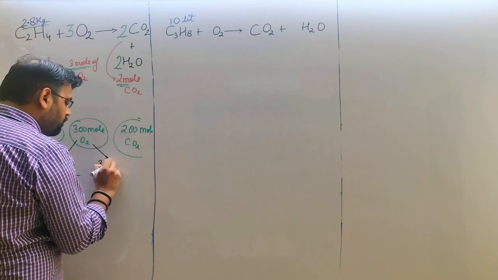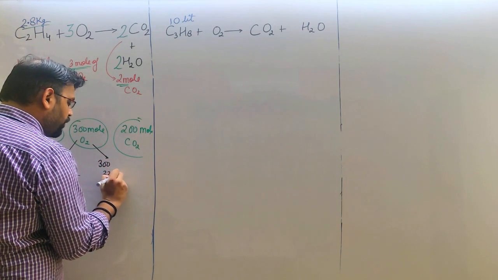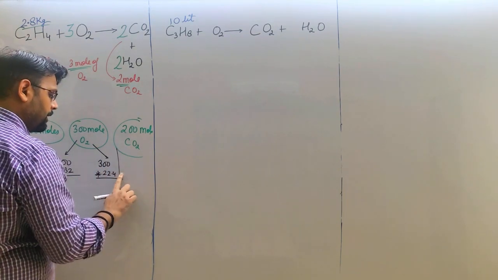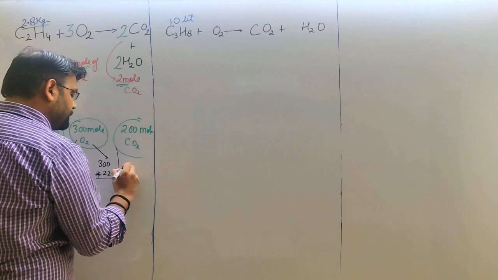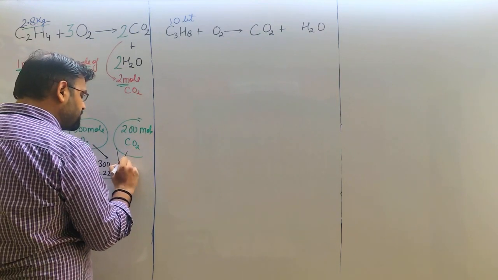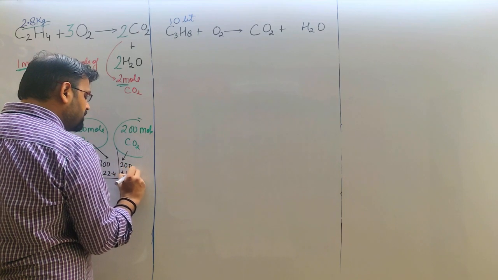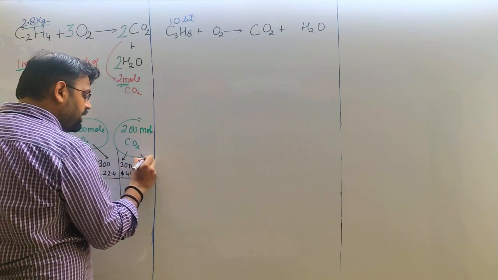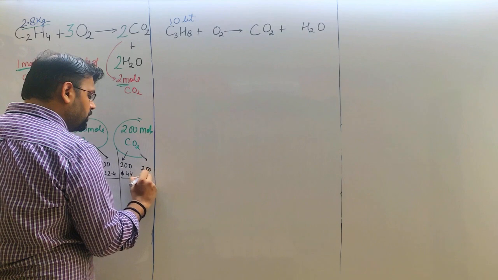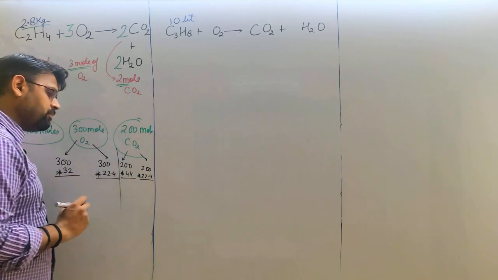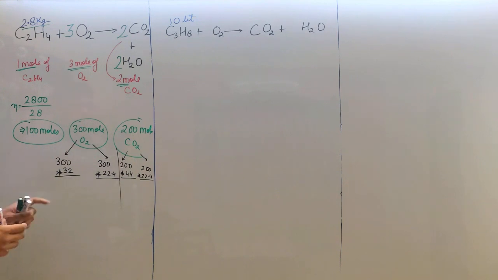So 300 moles will occupy 300 into 22.4. Similarly for CO2: 200 into the molecular weight of CO2, 200 into 44, and 200 into 22.4. I hope you all got it like this, and your product is also correct.